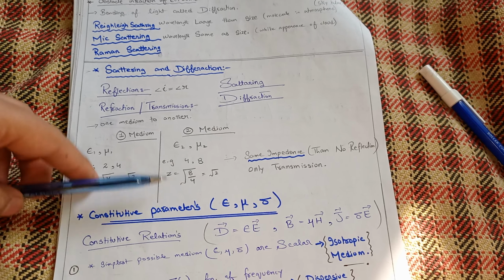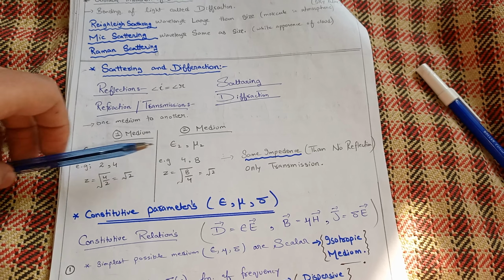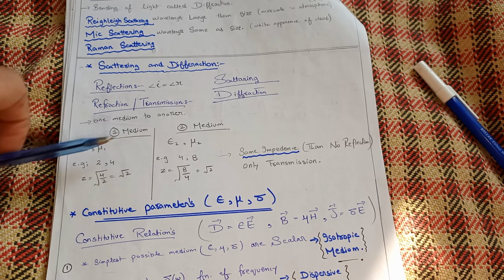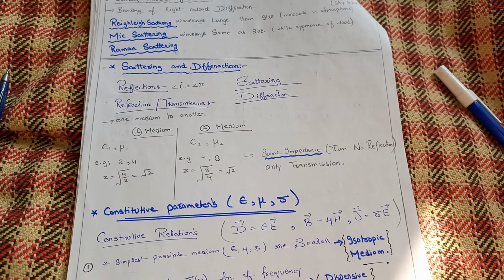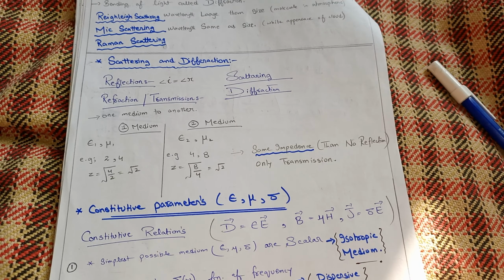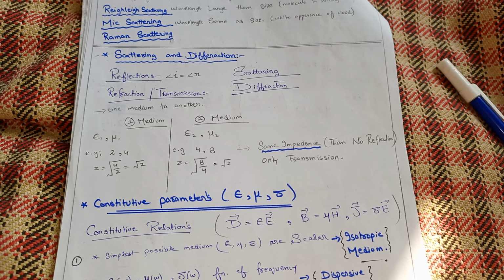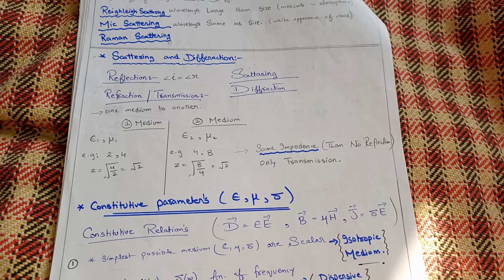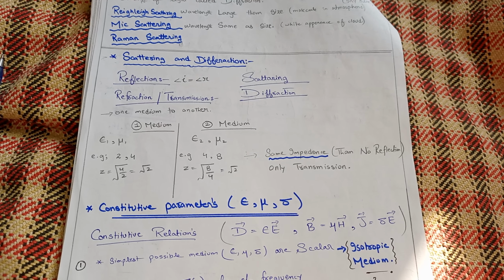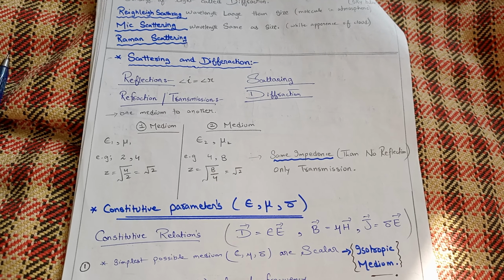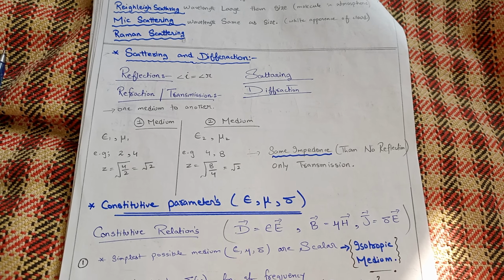If your impedance is the same, then there is no reflection, only transmission. In order for light to reflect, there must be some difference in the impedance.